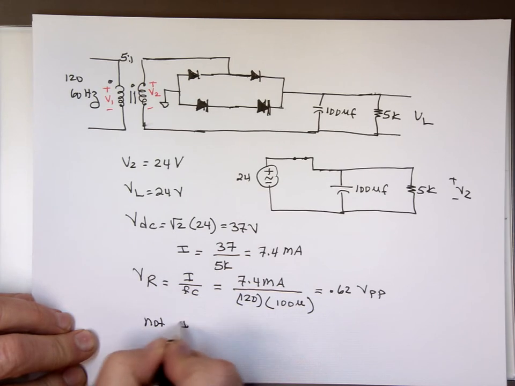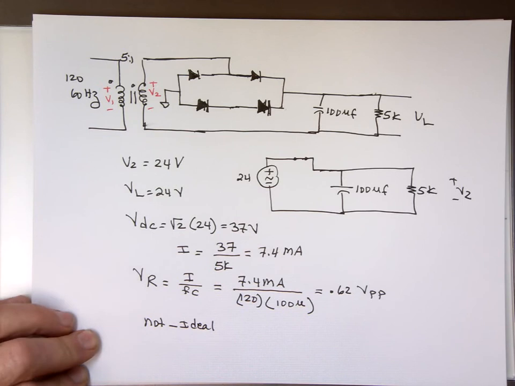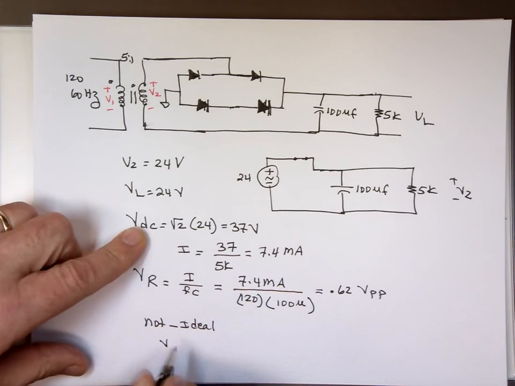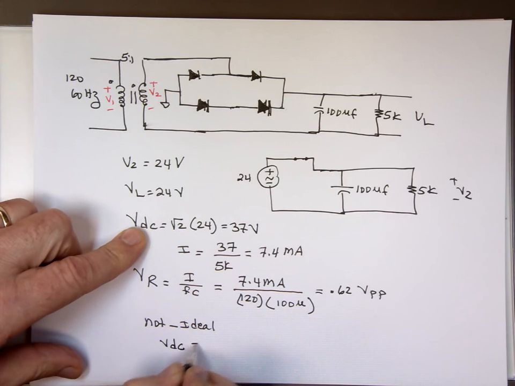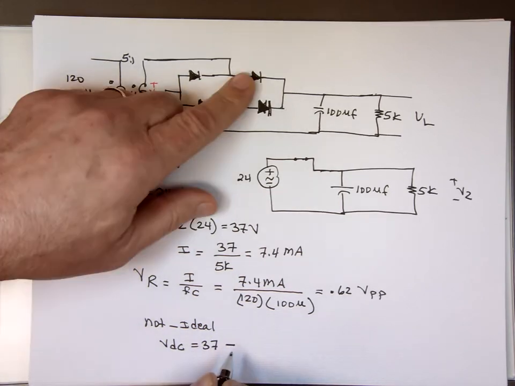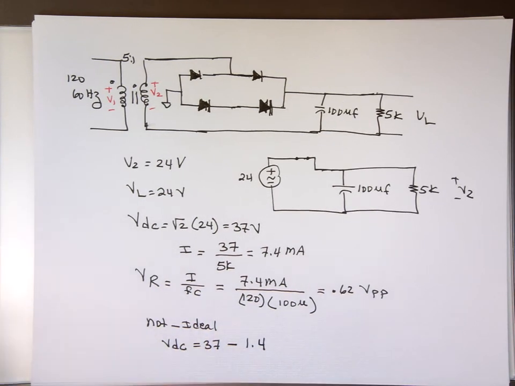Well, if it's not ideal, what we are going to have actually is VDC here. It's not going to be 37. It's going to be 37 minus 0.7 here, and 0.7 across the other one is going to be 1.4, which is 35.6.